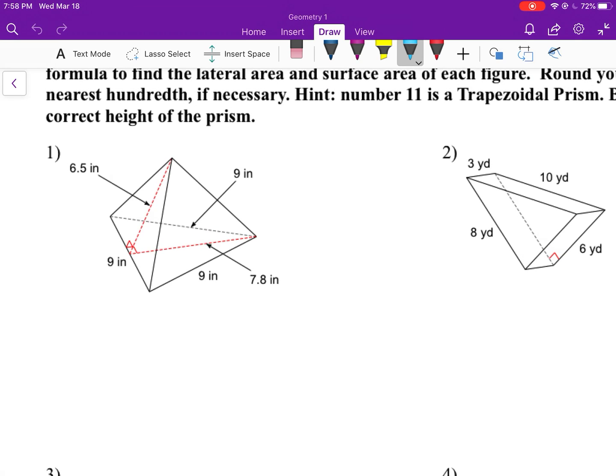Well, first of all, this is a triangular pyramid. A triangular pyramid. All right, so it is a pyramid.